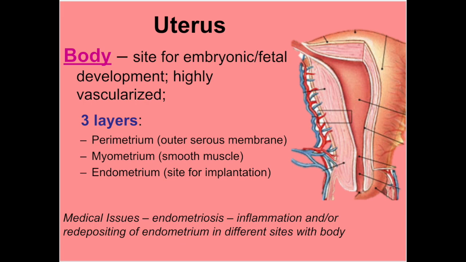The uterus is composed of 3 layers. The perimetrium forms the outer serous membrane. The myometrium is a thick, smooth muscle layer which is responsible for contractions during delivery. The endometrium is the innermost lining. It's the site for implantation. It's also going to give rise to the amniotic sac.